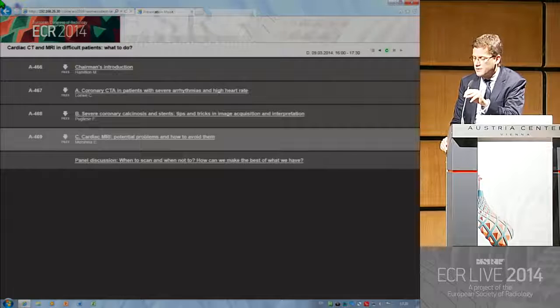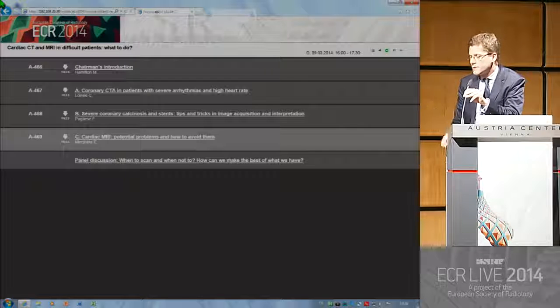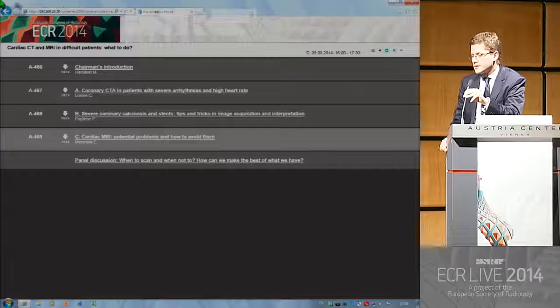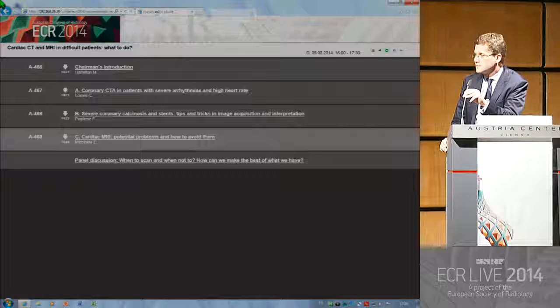It's very difficult to convince all the colleagues to use ECG gating in the suspicion of an acute aortic syndrome. Although it's a very stable and simple protocol to apply, they're not used to it, and therefore sometimes we have to repeat the scan because it was not triggered, and I think this is the worst case.